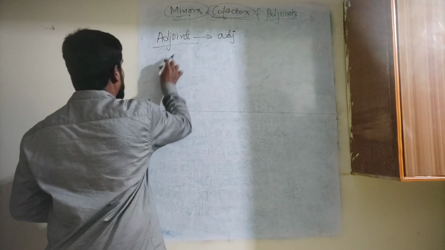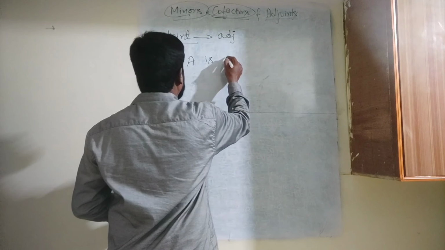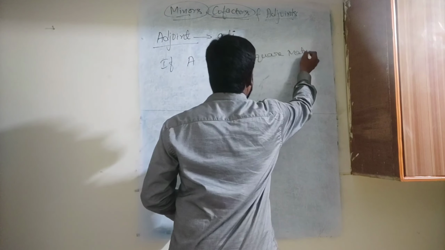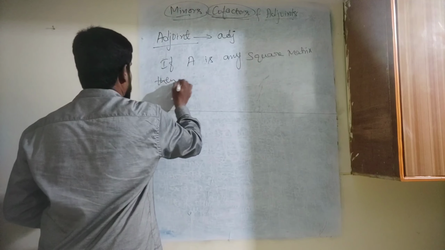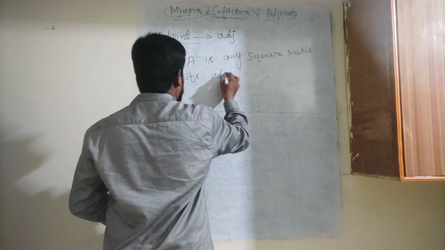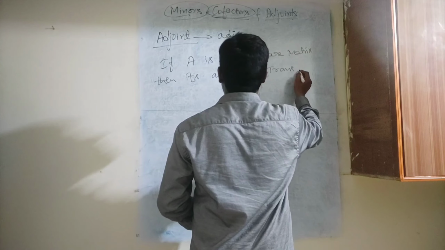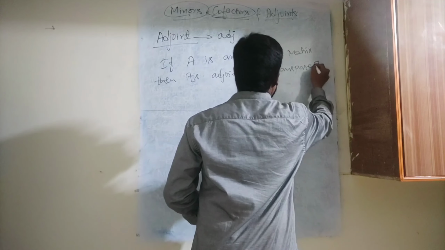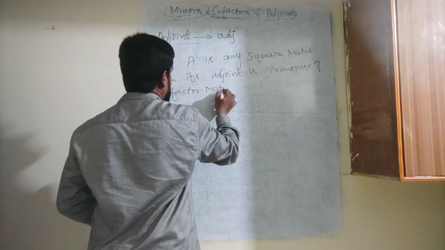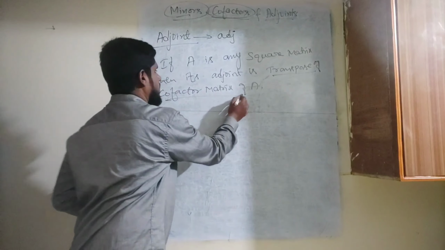So student, if A is any square matrix, then its adjoint is the transpose of the cofactor matrix of A.